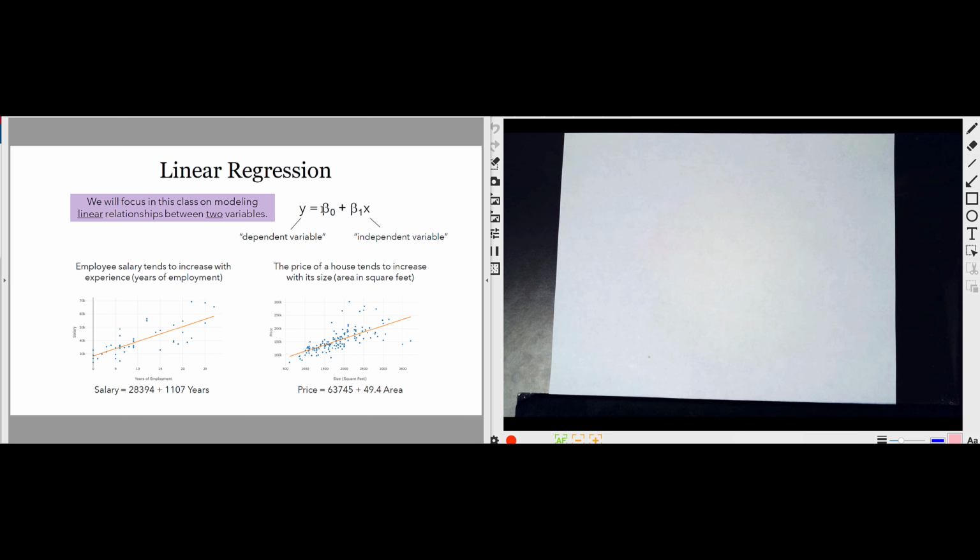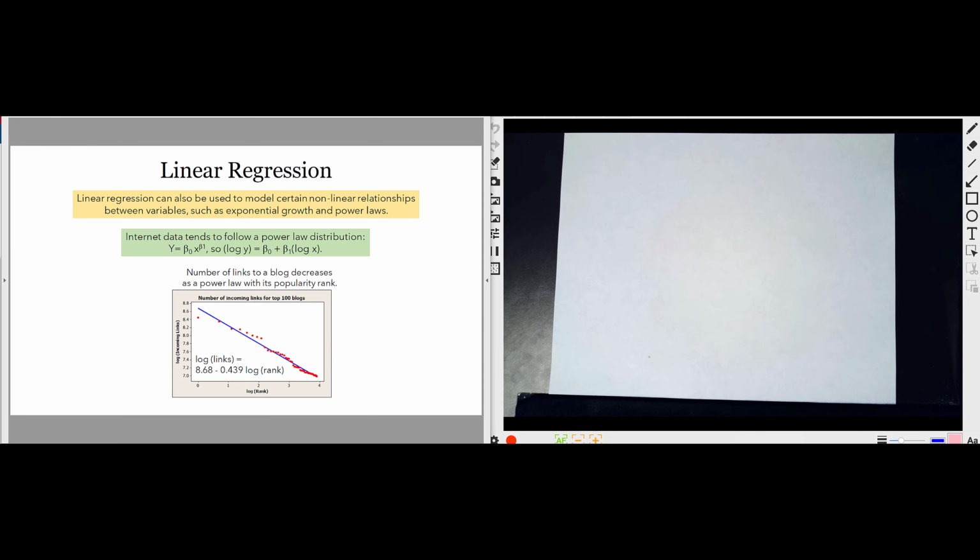That is, we want to find an intercept coefficient that we're calling beta naught and a slope coefficient beta 1, such that the dependent variable y is given as the intercept plus the slope times the independent variable.